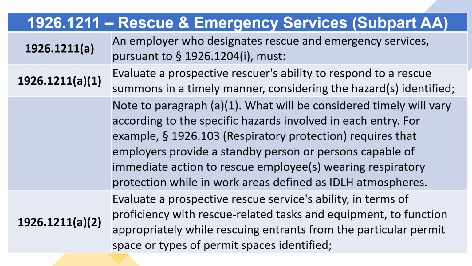Note to paragraph (a)(1): what will be considered timely will vary according to the specific hazards involved in each entry. For example, Section 1926.103, Respiratory Protection, requires that employers provide a standby person or persons capable of immediate action to rescue employees wearing respiratory protection while in work areas defined as IDLH atmospheres.